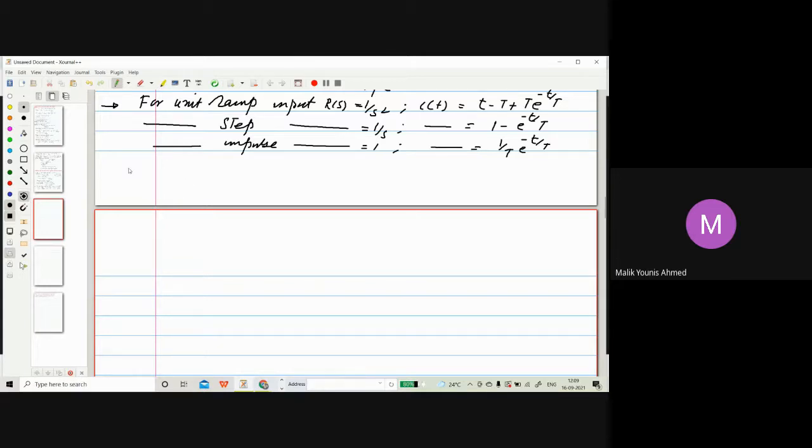We can see that also. First we will write unit step is the derivative of unit ramp.